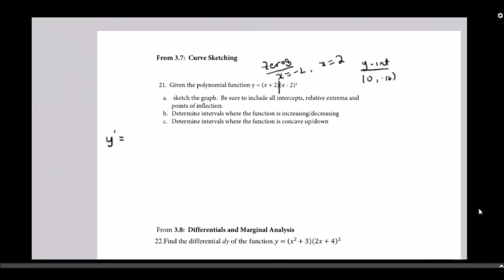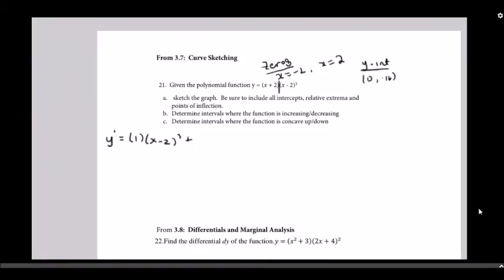So we're going to do product rule, f prime times g, which is x minus 2 cubed, plus g prime, to use a little bit of the power property here.